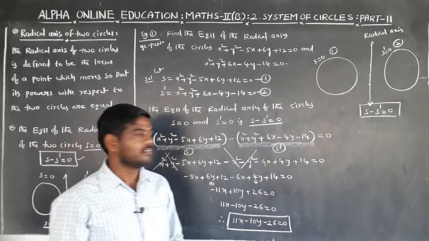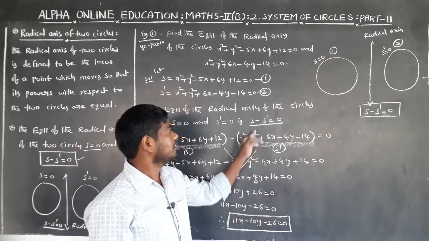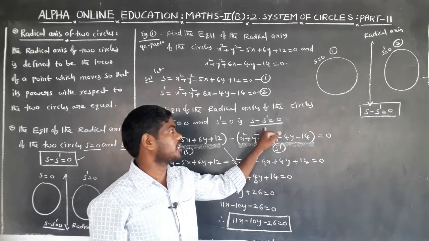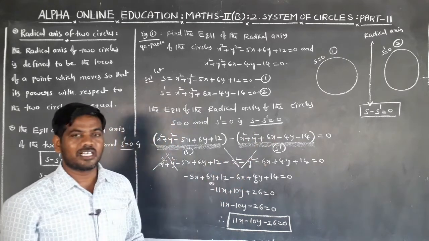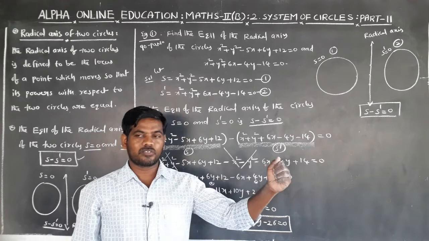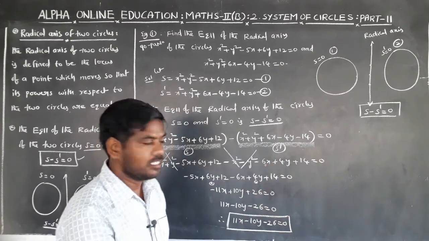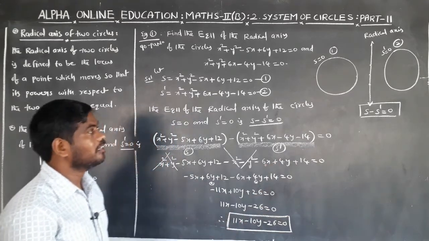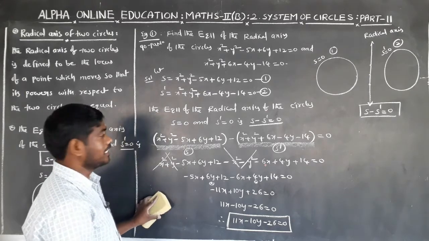Very easy. The radical axis of the two circles is S minus S dash is equal to 0, that is, first circle minus second circle is equal to 0. This is the process. Again, one example.